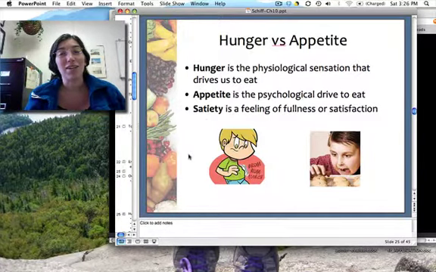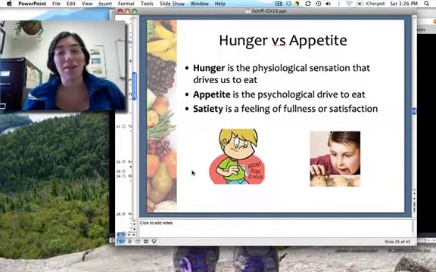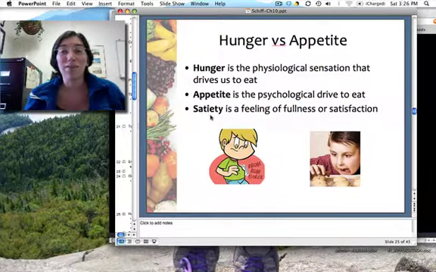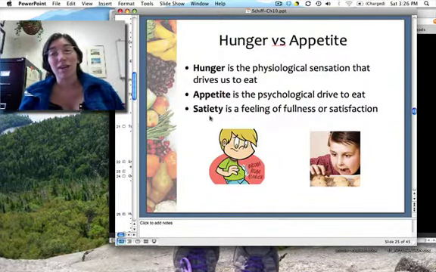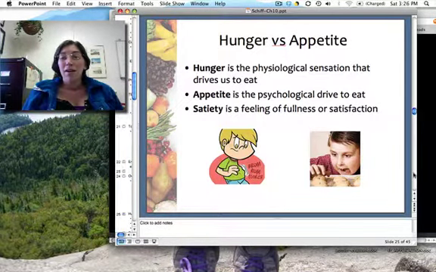Once you eat something and you feel satisfied, whether you ate it because you were hungry or you ate it because you had an appetite, it doesn't matter. And there's a lot of physiological factors, biological factors that help regulate satiety. So satiety can also be physical and psychological. And I think that's on the next slide.